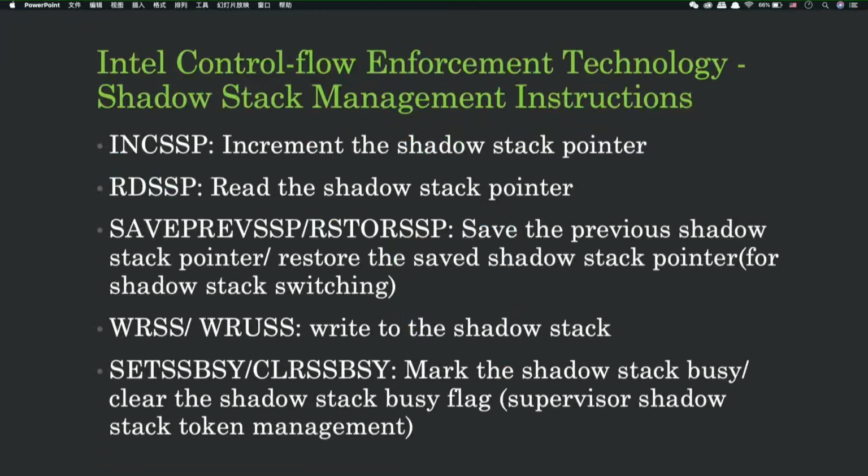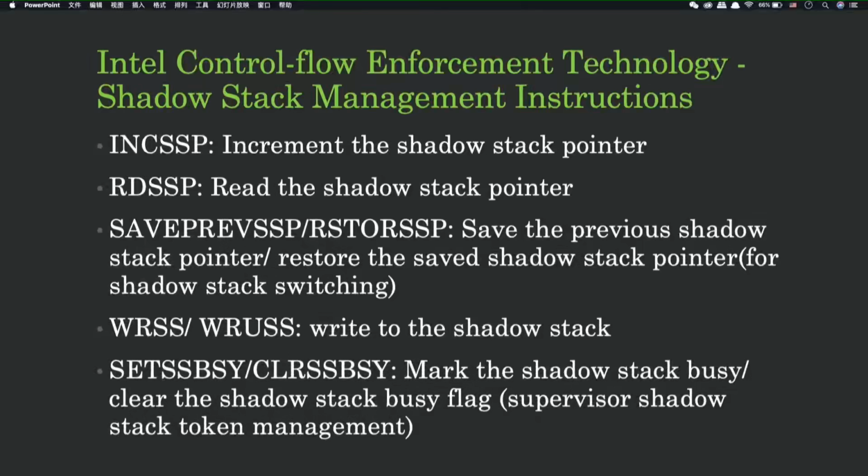In order to use those, new instructions were introduced. For example, for shadow stack management, there are a bunch of new instructions. If we want to increase the shadow stack pointer, INCSSP is used. If we want to read the shadow stack pointer, RDSSP is used. And there are two other pairs of instructions which are very interesting.